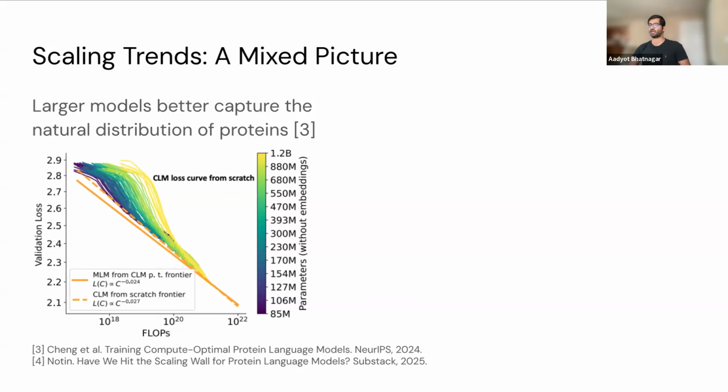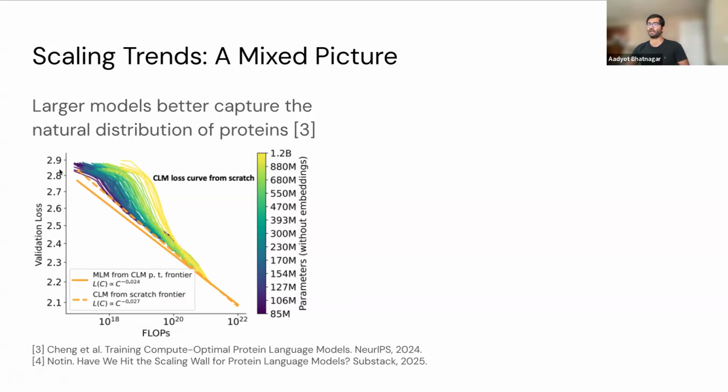And this study by Cheng et al., which I'll reference a couple times throughout this presentation, found that as your models get bigger, they get better at capturing the natural distribution of proteins. And so in this plot on the horizontal axis, you have the amount of compute being used to train the model. And on the vertical axis, you have its validation loss. Basically, how well that model understands the evolutionary distribution.